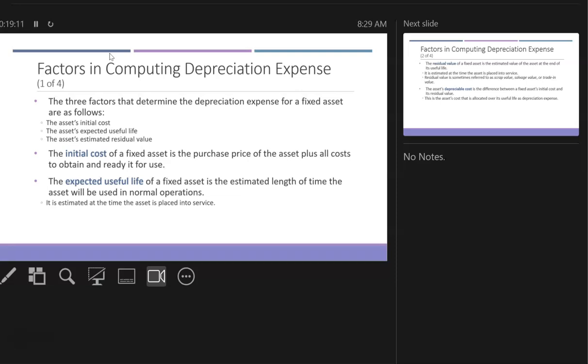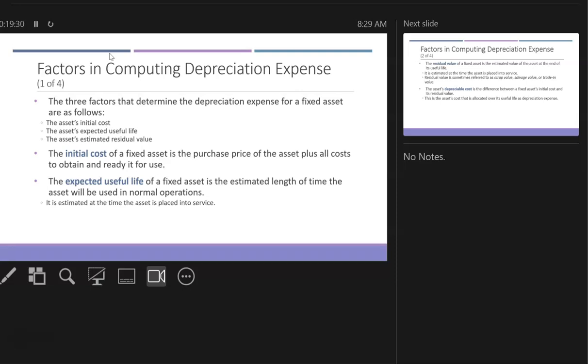The initial cost of a fixed asset is what we purchase it for, plus all the costs to get it ready for its use. The expected useful life of a fixed asset is the estimated length of time the asset will be used in normal operations.